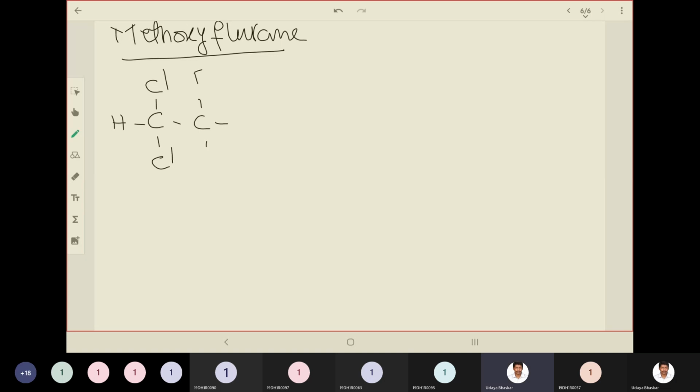On this carbon you have two fluorines, and here you have OCH3. So this is methoxy and fluorane, two fluorines and alkane. So this is the structure of methoxyflurane. It is used for light anesthesia and muscle relaxation.